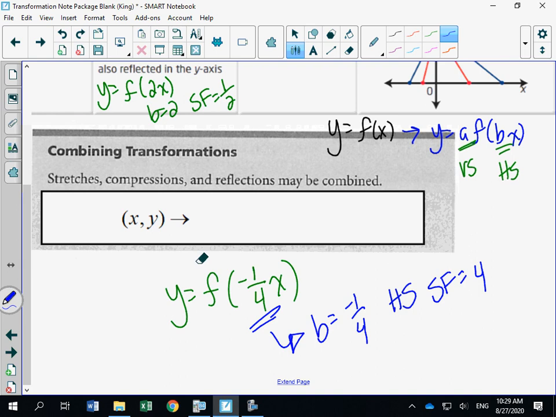What that negative does, though, is remember that x changes to negative x. So that tells you that there's a horizontal reflection about the y-axis. It's a horizontal reflection in the y-axis.